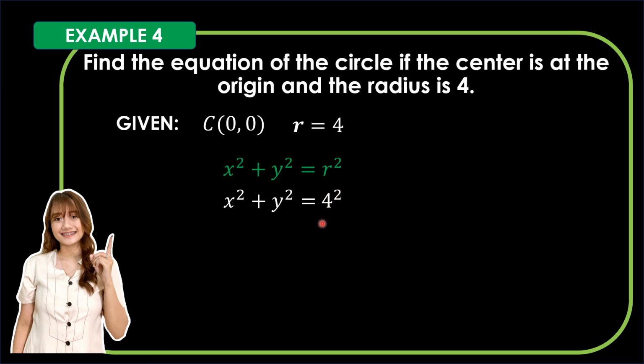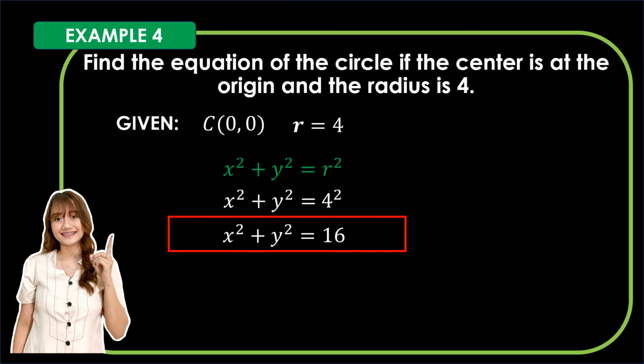We know that 4 squared is equal to 4 times 4, and we have x squared plus y squared equals 16. Thus, the equation of the circle with center at the origin and a radius of 4 is x squared plus y squared equals 16.